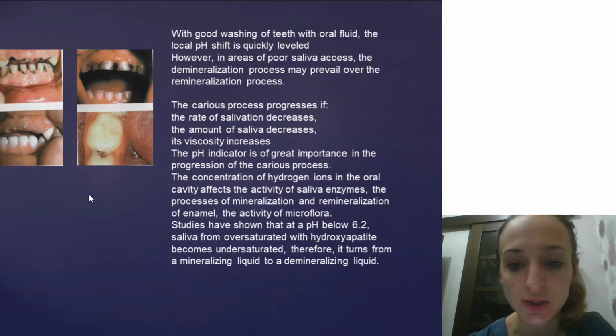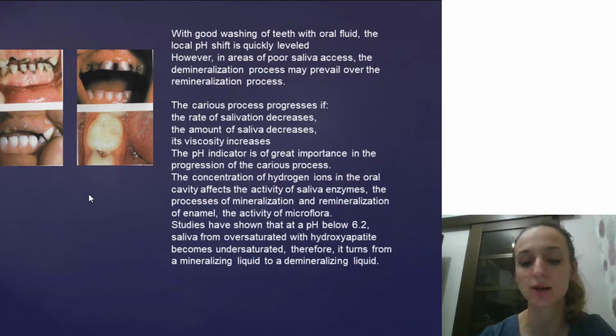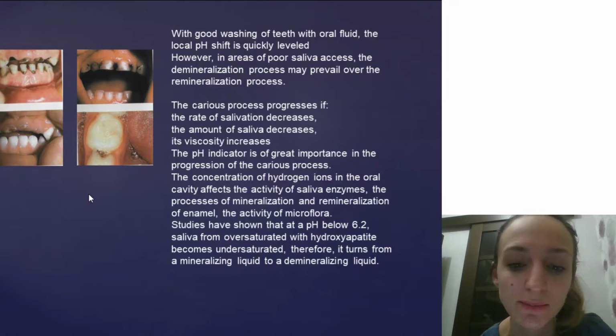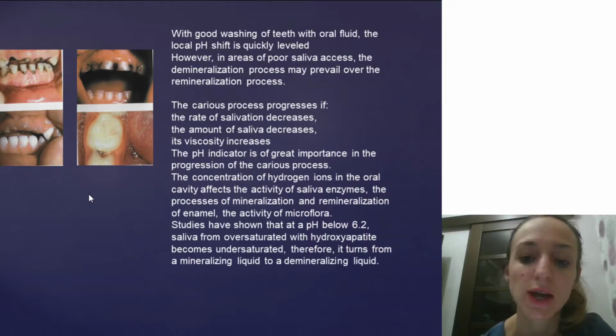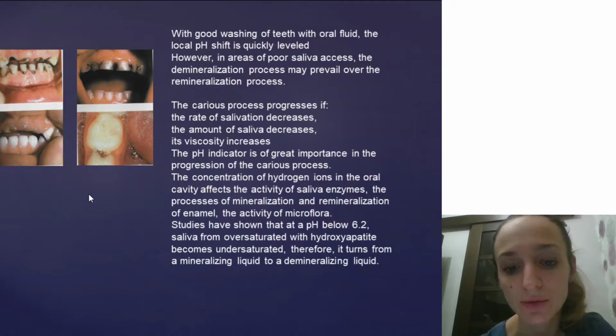The pH indicator is of great importance in the progression of the caries process, and the concentration of hydrogen ions in the oral cavity affects the activity of saliva enzymes, the processes of demineralization and remineralization of enamel, and the activity of microflora.